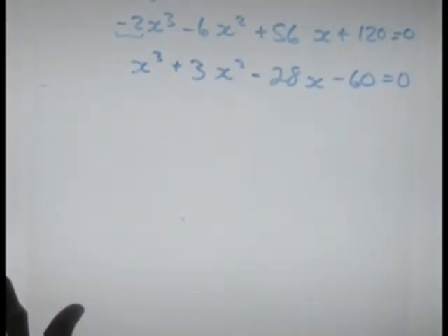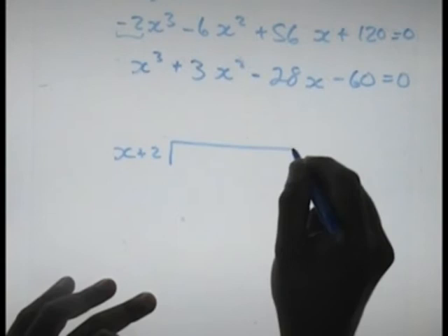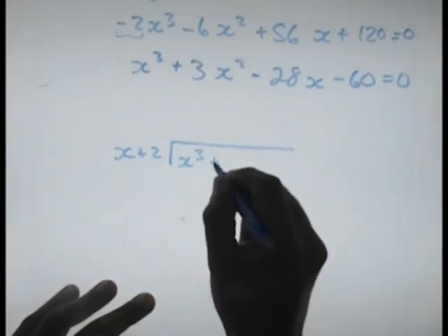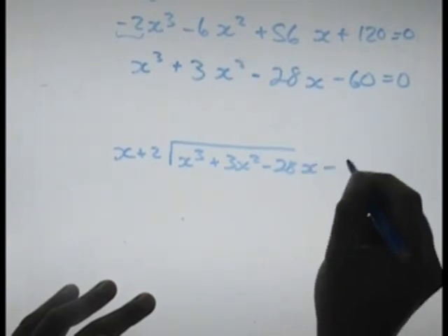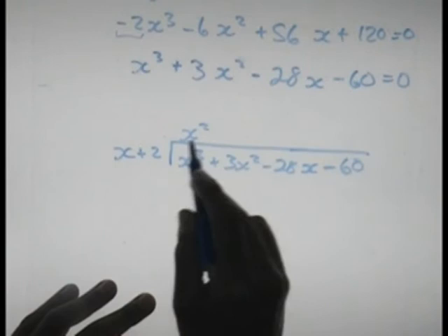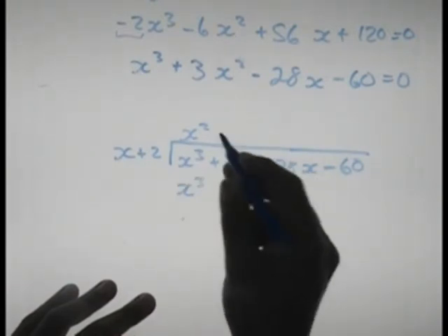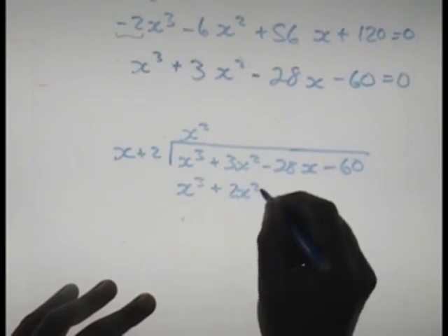I did tell you that x plus 2 is a factor, so we will say x plus 2 into x cubed plus 3x squared minus 28x minus 60. X into x cubed goes x squared times, that will be x cubed. X squared times plus 2 will be plus 2x squared.